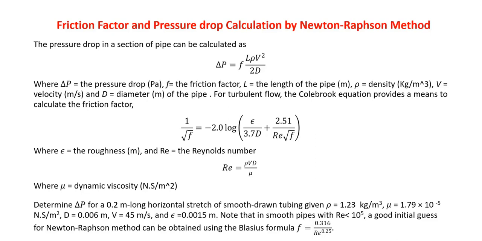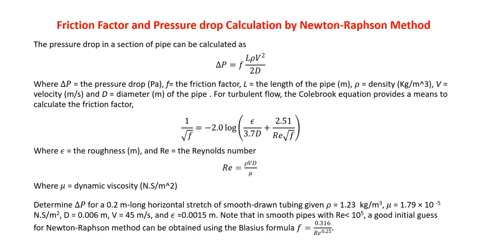So here we have to calculate del P for a 2 meter long horizontal stretch of smooth drawn tubing, given that rho is equal to 1.23 kg per meter cube, mu is 1.79 into 10 to the power minus 5 Newton second per meter square, diameter is given 0.006 meter, velocity is given 45 meter per second, and epsilon is given 0.0015 meter.